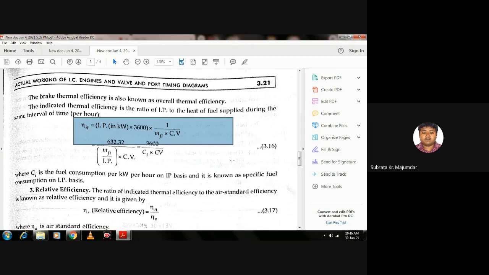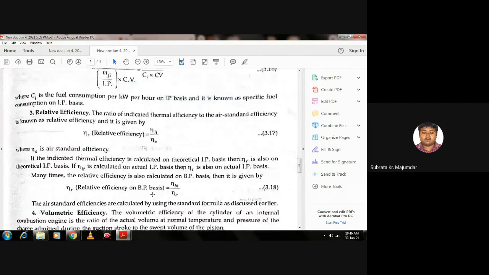Number 3 is the relative efficiency. What is relative efficiency? Relative efficiency is the ratio of indicated thermal efficiency to the air standard efficiency, and it is known as relative thermal efficiency.